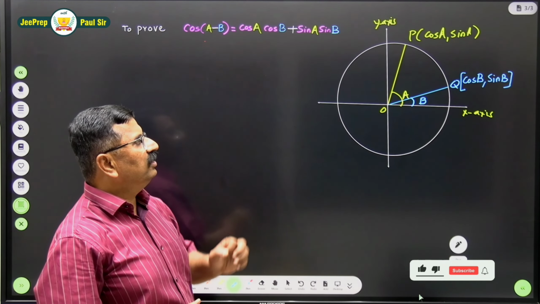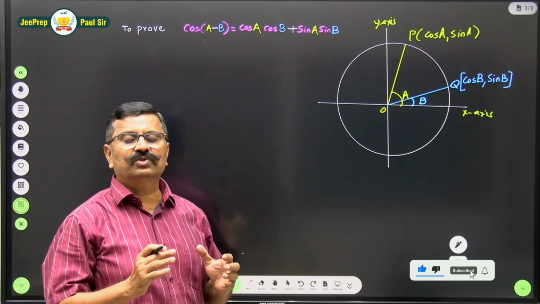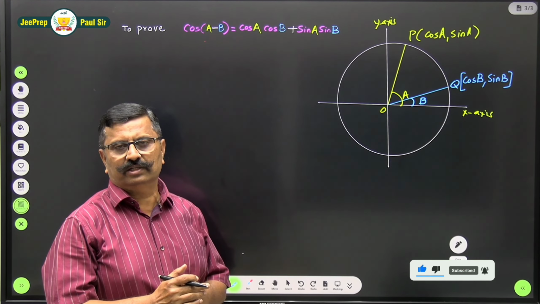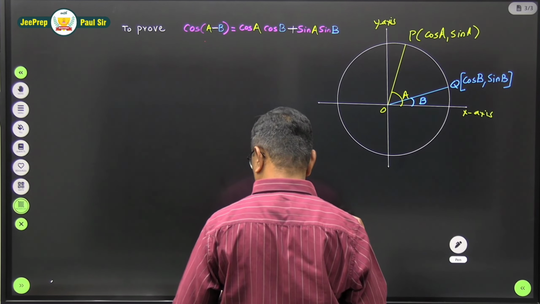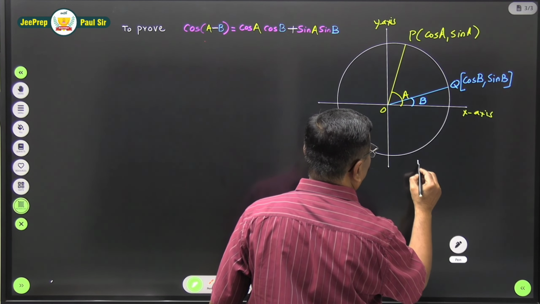Now let us find the distance PQ, as we know the coordinates of these two points.